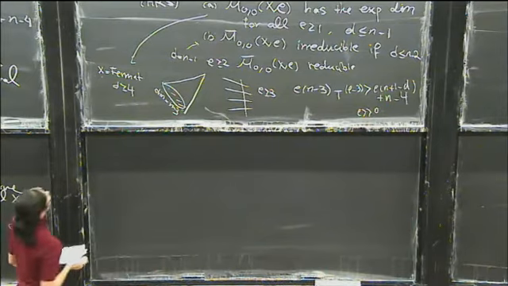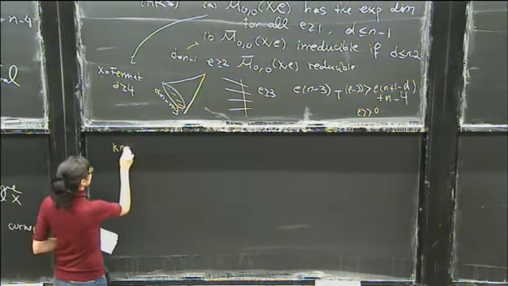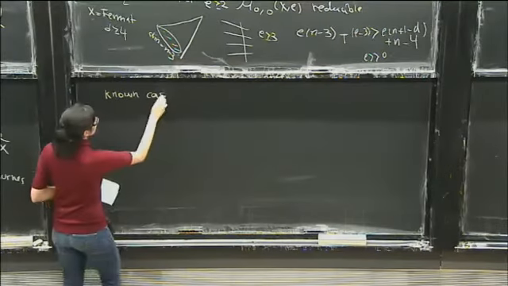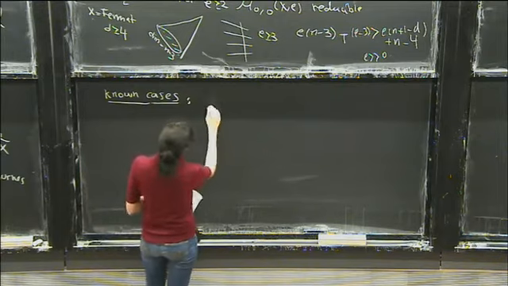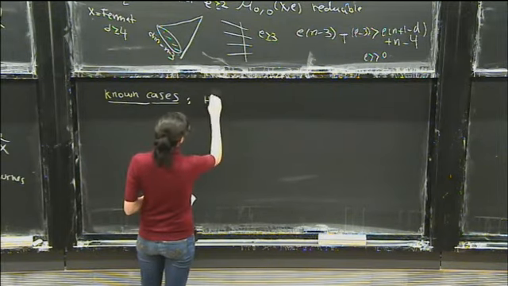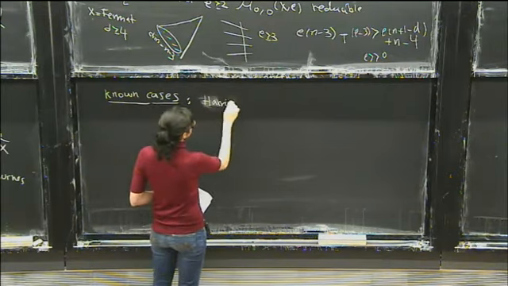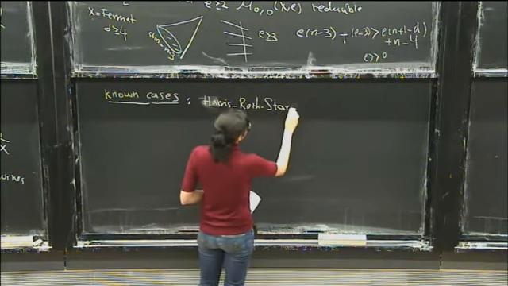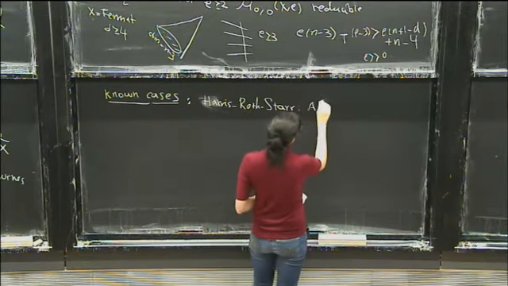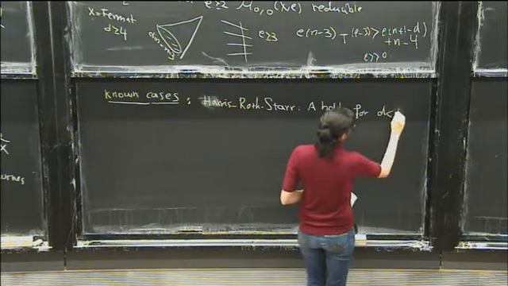So let me tell you what is known about this conjecture, conjecture A. So first, Harris, Roth, and Starr showed that A holds for D less than (n+1)/2.